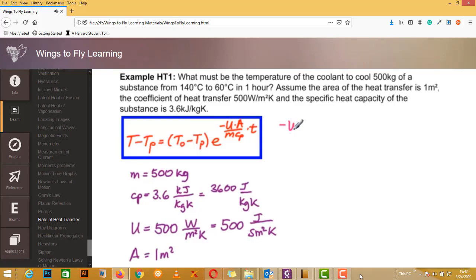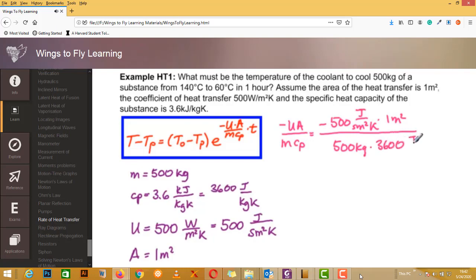So we have minus UA over MCp equals minus 500 joules per second meter squared Kelvin times 1 meter squared, there goes the meter squared, over M, 500 kilograms, the 500s will cancel, and Cp is 3,600 joules per kilogram Kelvin.